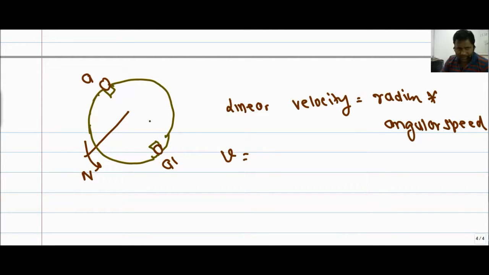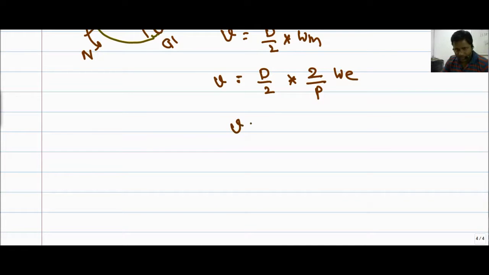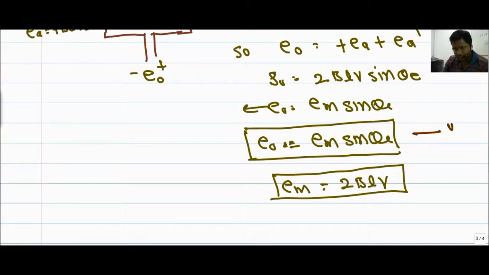So velocity equals, with D as the diameter, the radius is D by 2, so D by 2 into omega. Velocity equals D by 2 multiplied by 2 by P omega e. So velocity equals D by P omega e. This is equation number 5, and this is equation number 6.